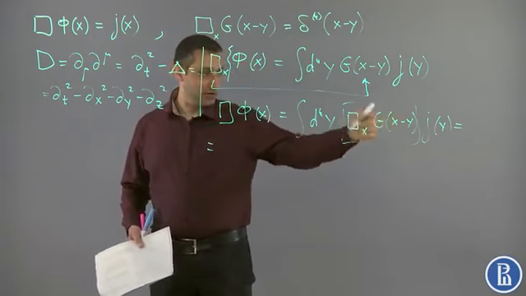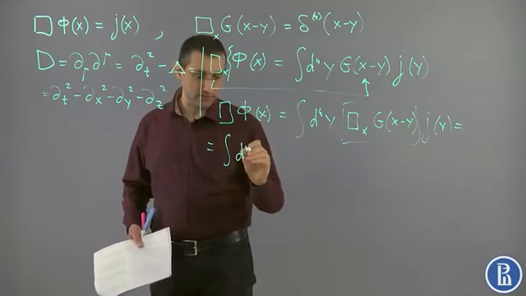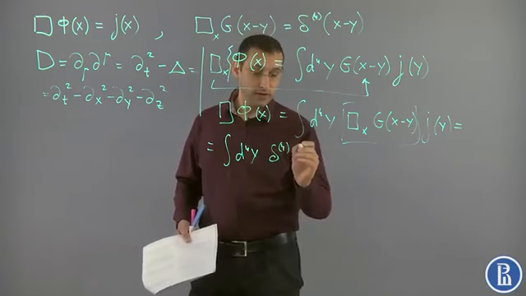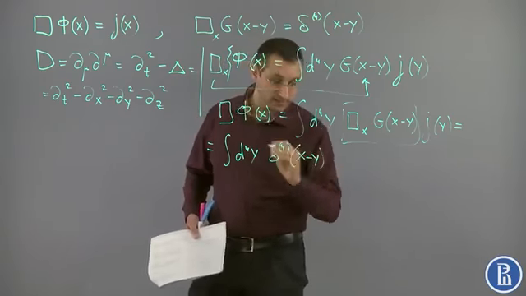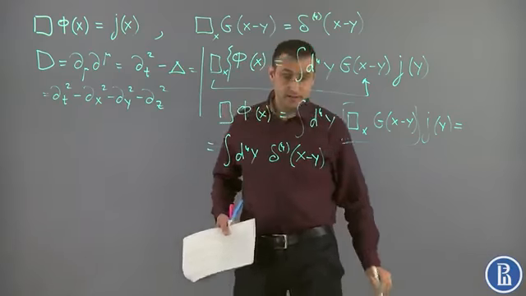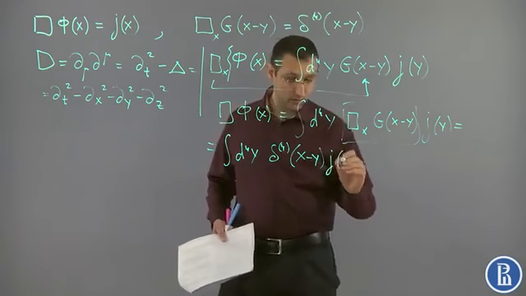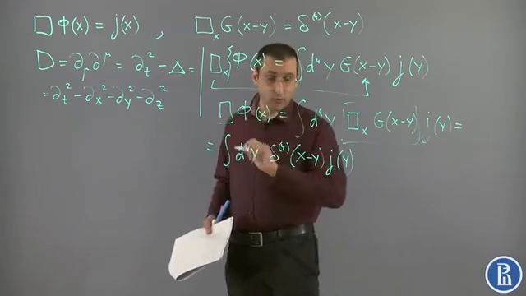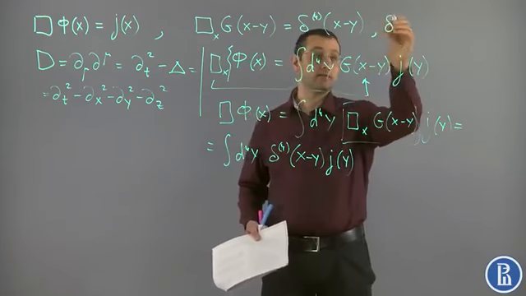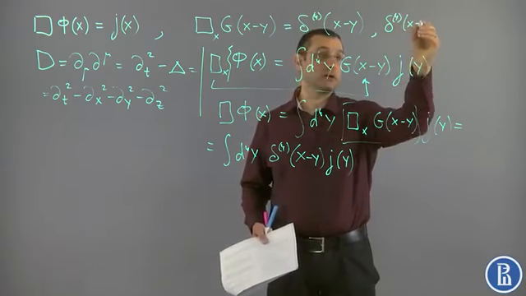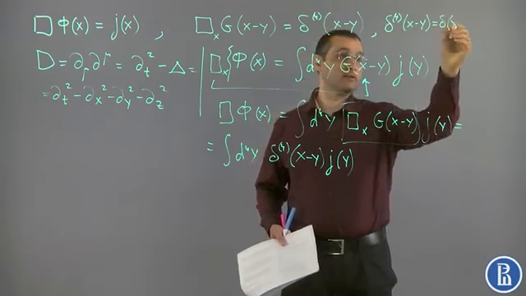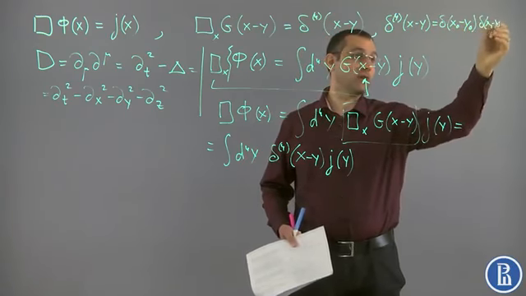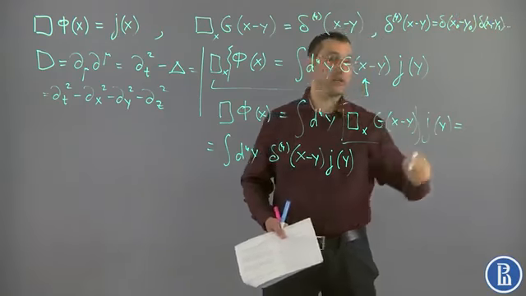So continuing this equality, we have the integral d4y, delta4 of x minus y, times j of y. But here we have 4 integrations and 4 delta functions. Delta4 of x minus y is just delta of x0 minus y0, x1 minus y1, and so forth up to 3.